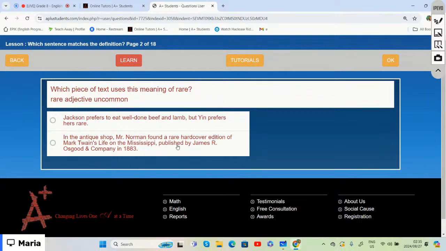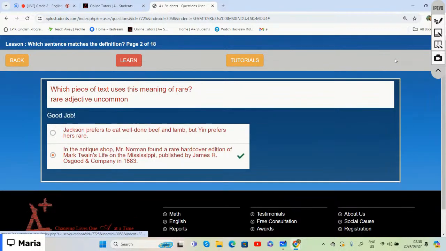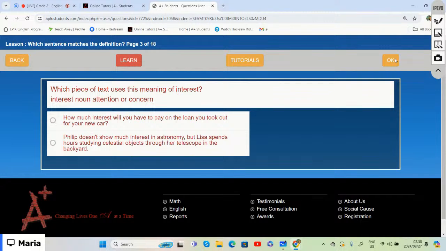All right, and if we were to choose the correct one, which is uncommon, we would choose option two. Something that you haven't seen in a long time, something that is uncommon. Because the other rare is how well done you want your meat, right?